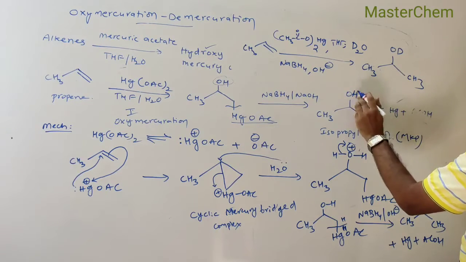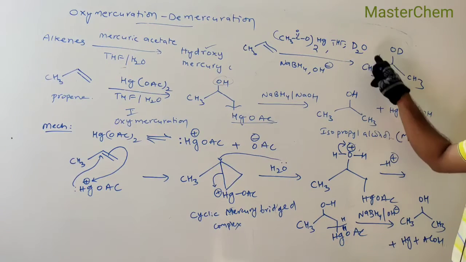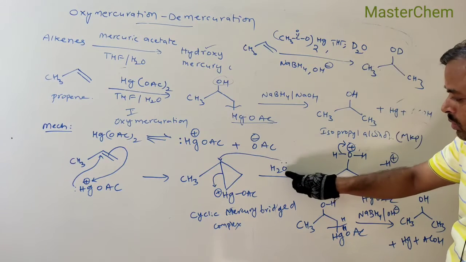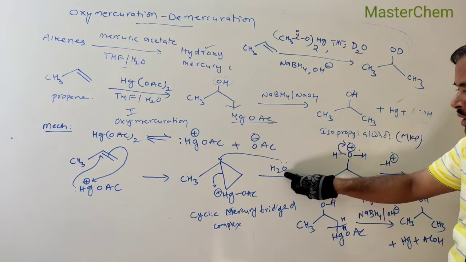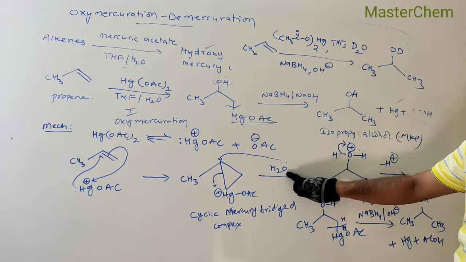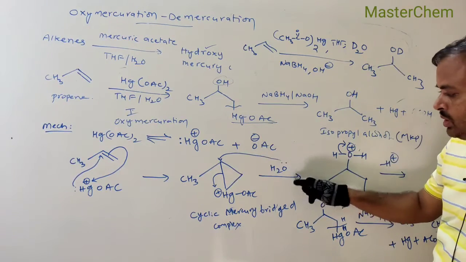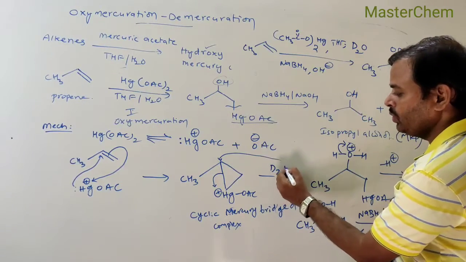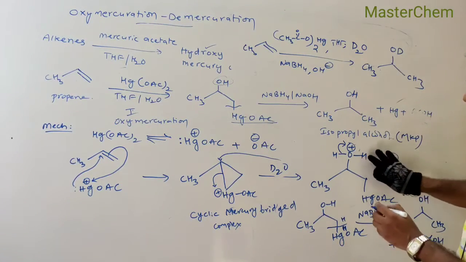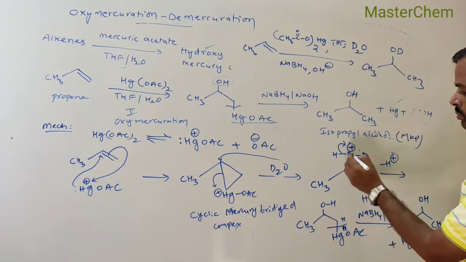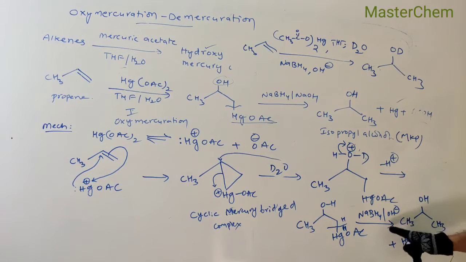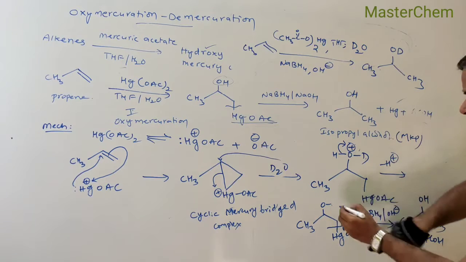Just this hydrogen you should replace with D, because in place of H2O we have used D2O. Look at this mechanism. In this step H2O is added. Now what you should add here? D2O. As D2O is added, and because of the loss of D plus, you will get OD.